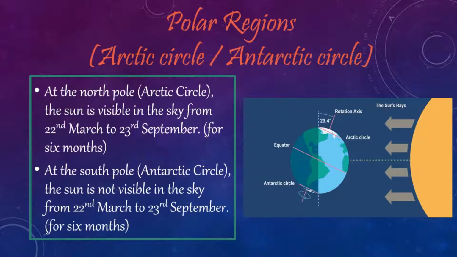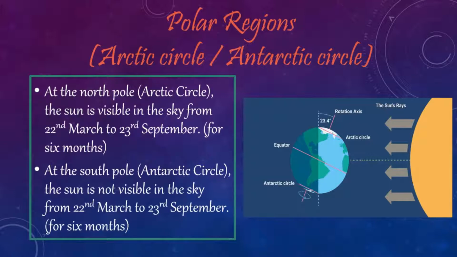Now let us discuss the polar regions, which are Arctic Circle and Antarctic Circle. At the North Pole, that is Arctic Circle, the sun is visible in the sky from 22nd March to 23rd September for 6 months. At the South Pole, Antarctic Circle, the sun is not visible in the sky from 22nd March to 23rd September for 6 months.